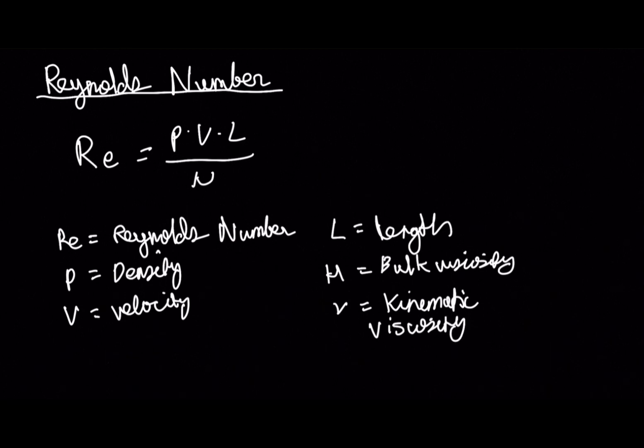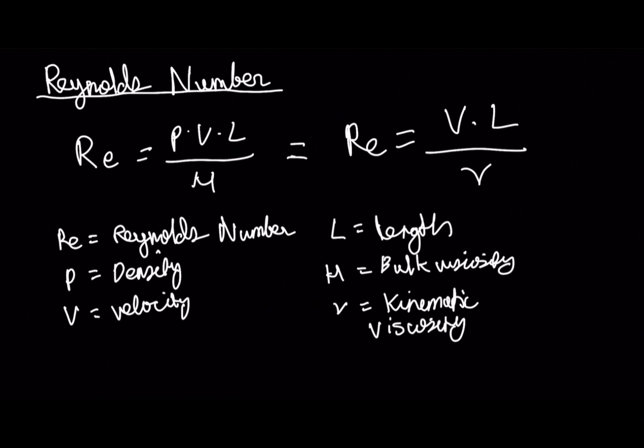So essentially, this equation dumbs down to Re equals just the velocity times length over the kinematic viscosity. So a substance that has a larger length would end up having a higher Reynolds number.